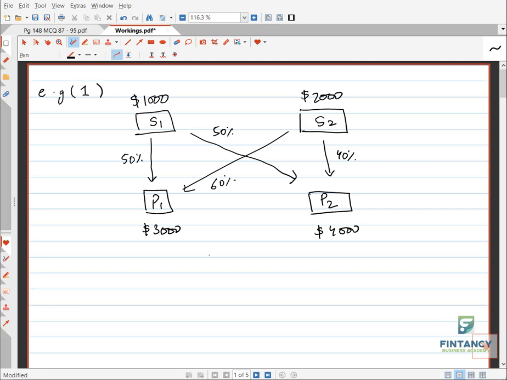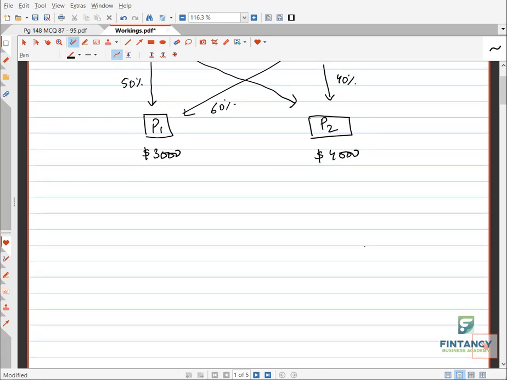Because the step down method and reciprocal method come in only when service departments are giving services to each other. In this example, service departments are not giving services to each other. So the only method available is which method? Direct method. Getting the story, everyone? Very nice. Let me create another example. We will do 3 examples in total.